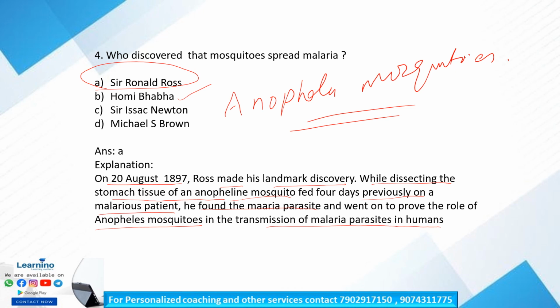What is discovered by Isaac Newton actually? Isaac Newton is the father of laws of motion, and he also contributed many things in calculus too. So who is Michael S. Brown? Michael S. Brown is a Nobel Prize winner in the field of medicine, and he discovered the receptor which controls cholesterol in blood and cells.